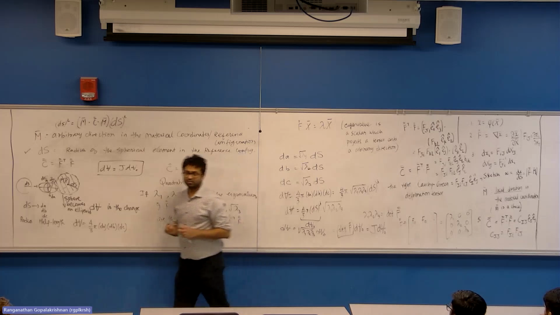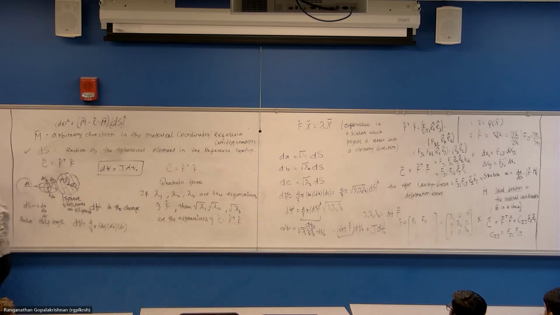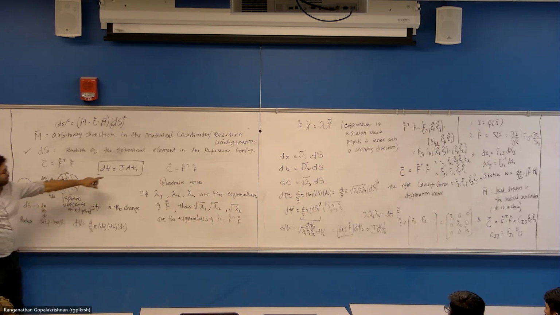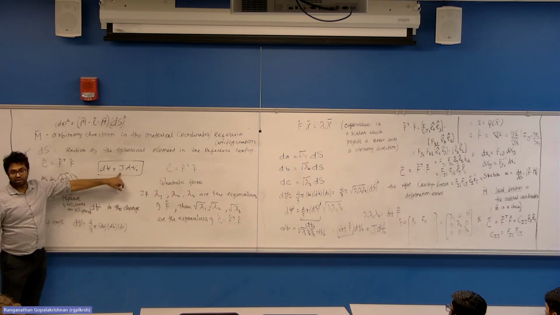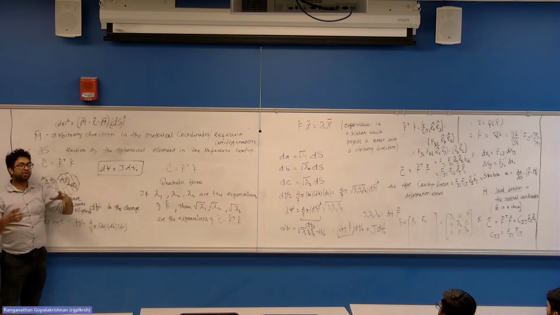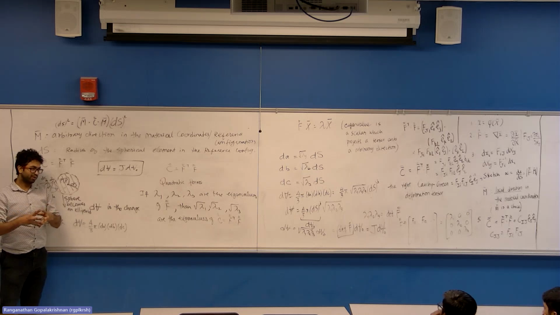What does it tell you? If J is greater than 1, what is the meaning? It's some sort of a tension or an expansion. If J is less than 1, it means volume is reducing. It's like compressing more material into the same volume.